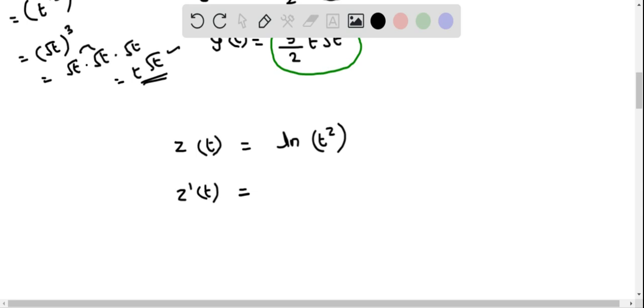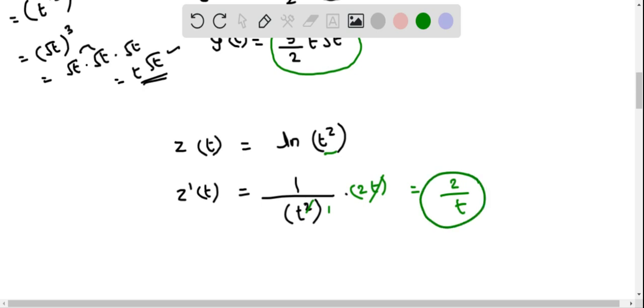The derivative of a natural logarithm expression is 1 divided by the expression inside the natural logarithm. Here we have t squared, and we also multiply by applying the chain rule, that is the derivative of t squared, which is 2t. And so the power cancels, so this equals 2 by t. This is the derivative of z of t.